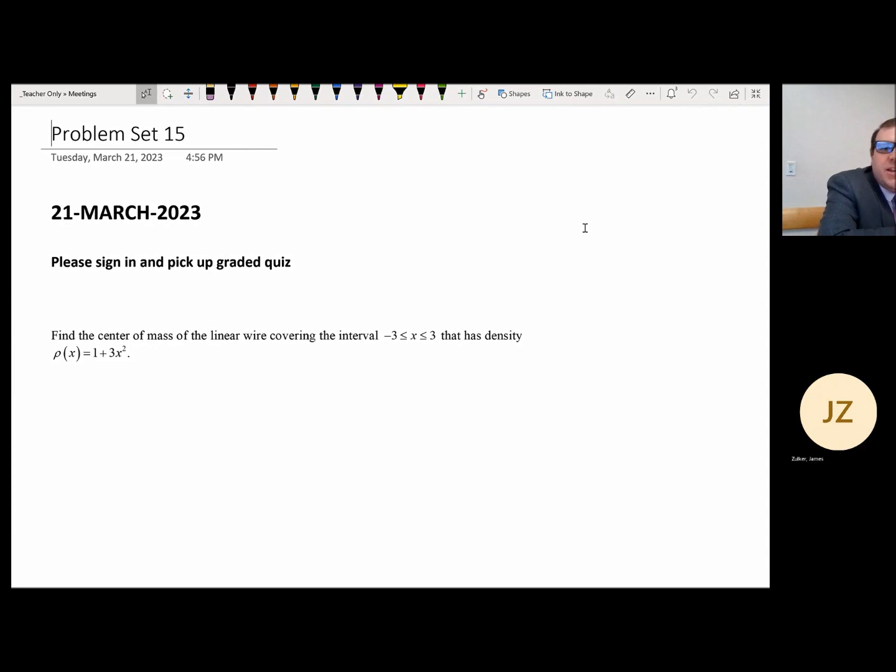Find the center of mass of a linear wire covering the interval -3 to +3 that has a density of 1 plus 3x squared.